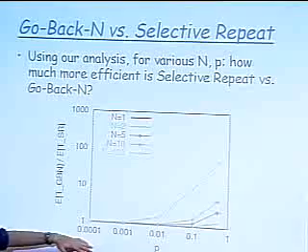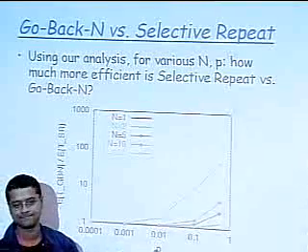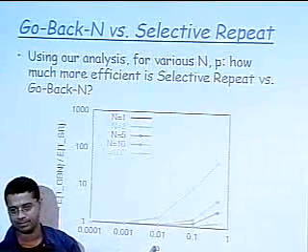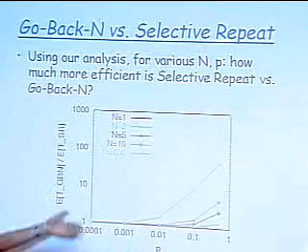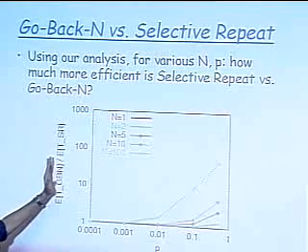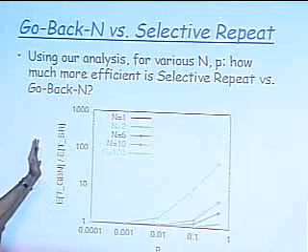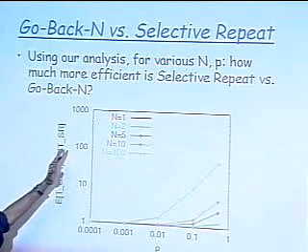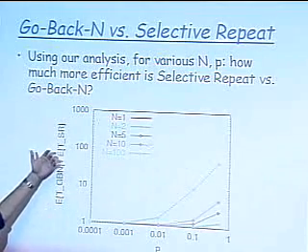On the x-axis, we are varying the loss probability, and the y-axis is that ratio, expected number of transmissions of go back n over selective repeat.